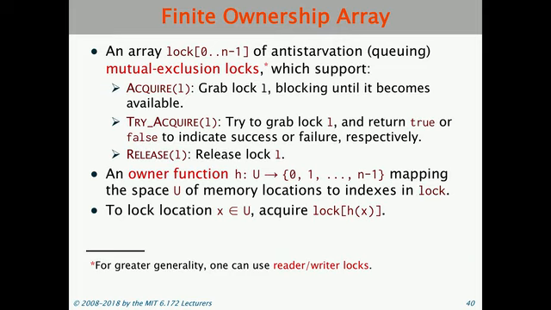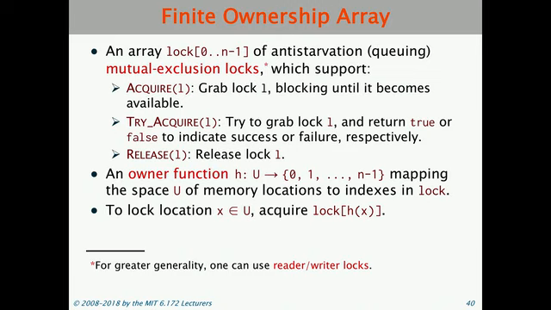Okay, and then release. And there's an owner function h that maps my universe of memory locations to the indexes in this finite ownership array, this lock array. So the array has length n, n slots in it.